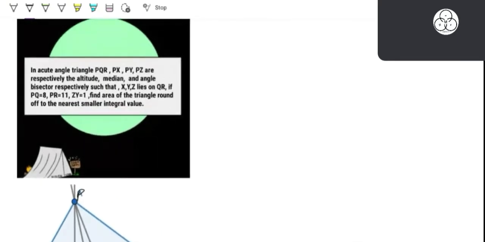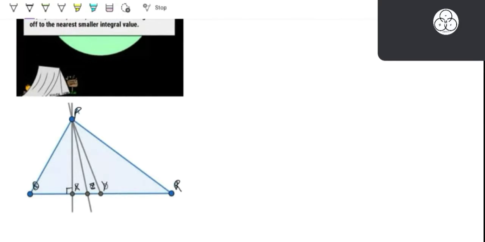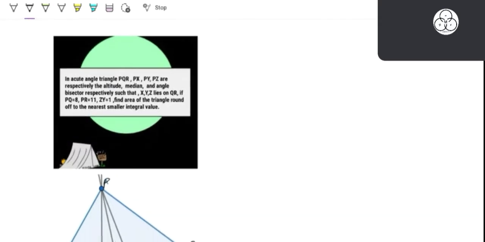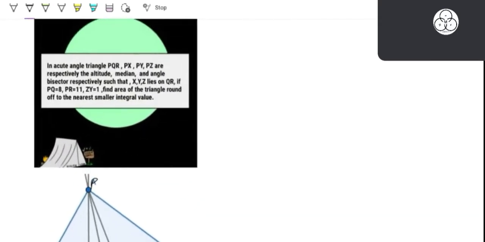Px is the altitude, Py is the median and Pz is the angle bisector. Fine.